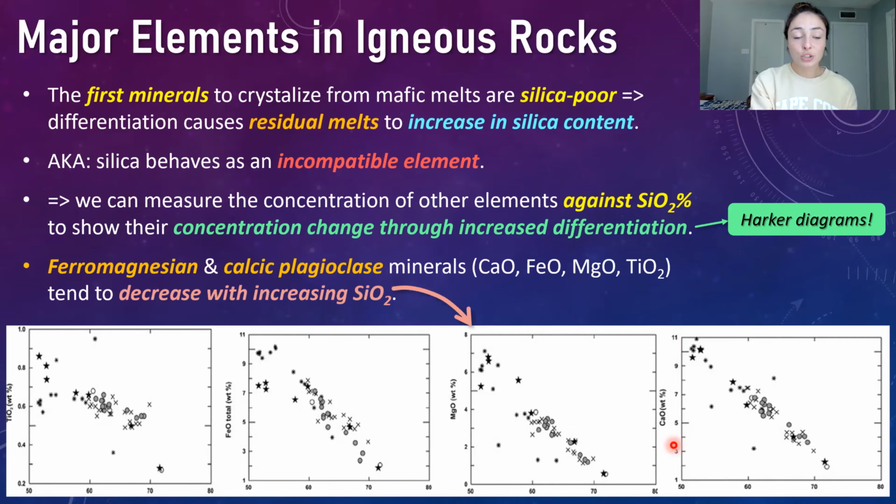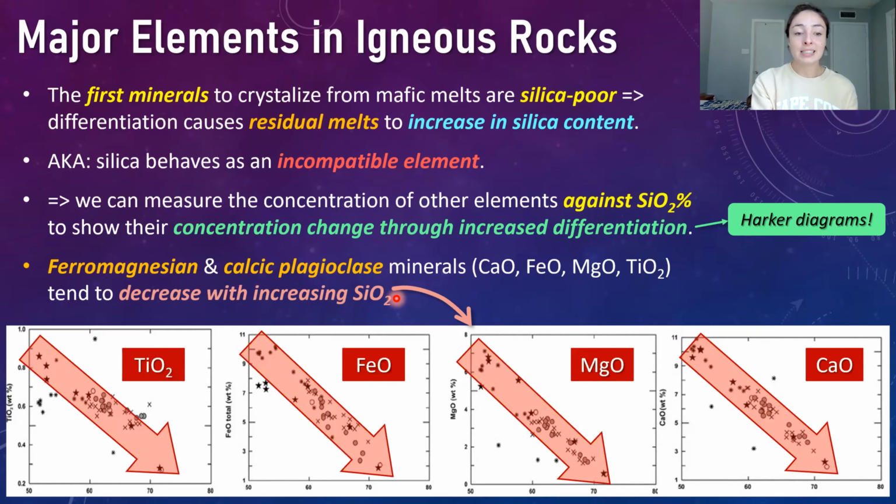And this is actually to be expected because typically ferromagnesium minerals and calcic plagioclase minerals, which contain calcium, iron and magnesium, and titanium, all decrease with increasing silica, or basically decrease with increasing differentiation in that residual melt, because they're becoming crystallized first and incorporated into those first crystallizing minerals.